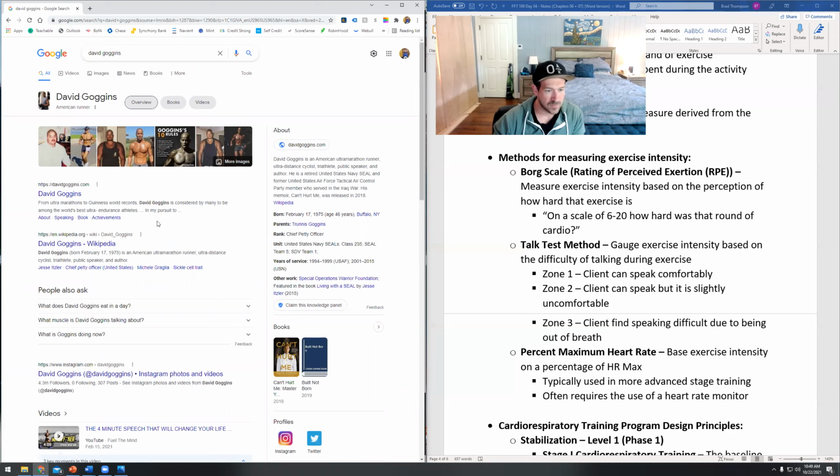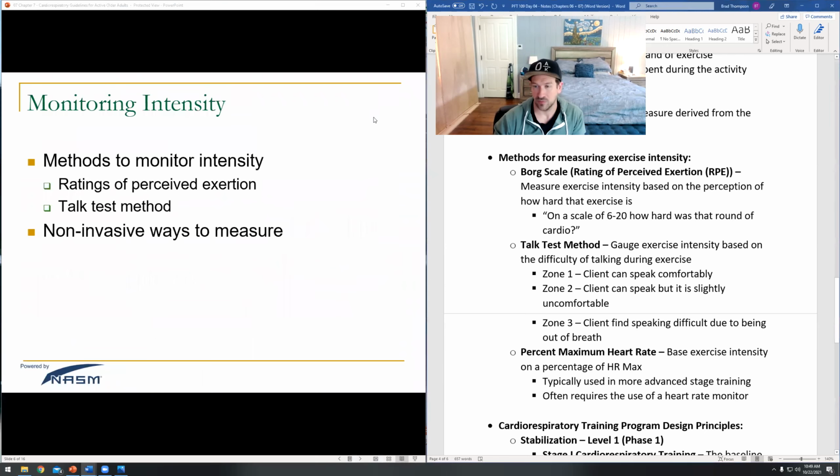But he lost a ton of weight in a really brief period. And then he became a motivational speaker. He got into the SEALs, trained for years, and now he does ultra marathons. He did a marathon a day for like 30 straight days or something like that. Just a crazy athletic dude.